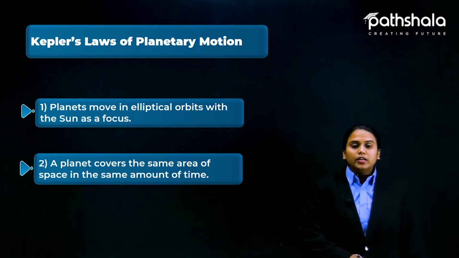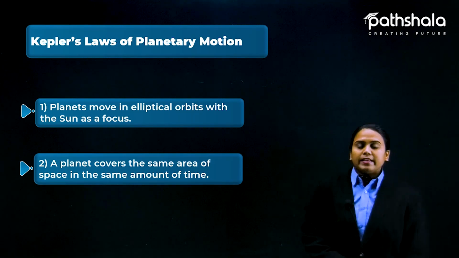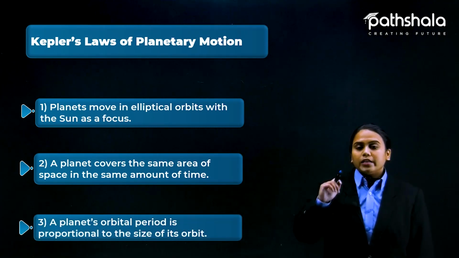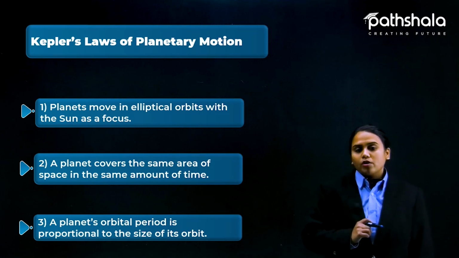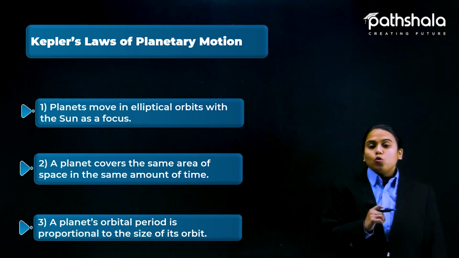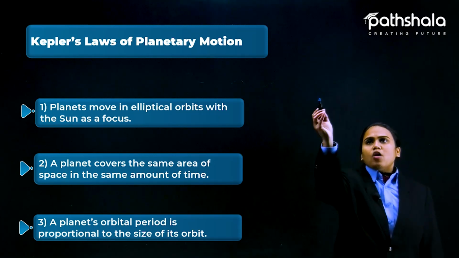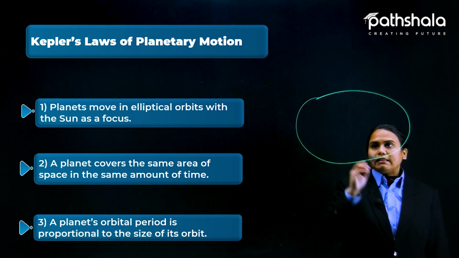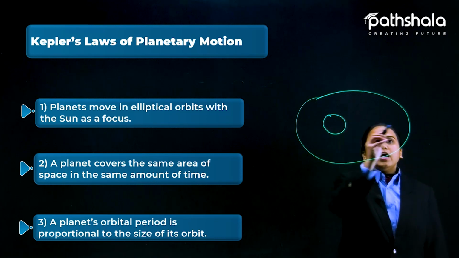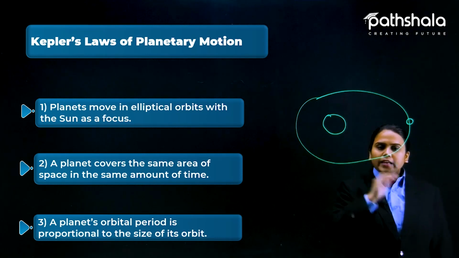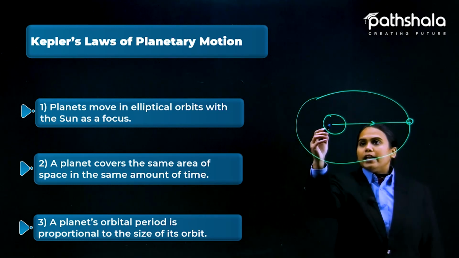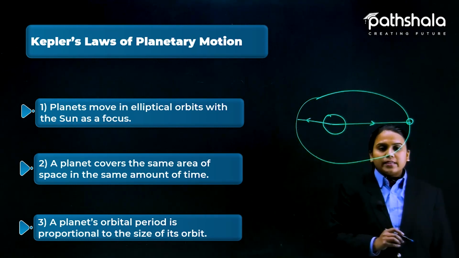Now students, the third postulate given by Kepler's law is that the planet's orbital period is proportional to the size of its orbit. Yes, the size of the orbit, right? We have an elliptical path. So considering the distance of the earth and the sun, in this case we have more distance, and in this case very little distance.